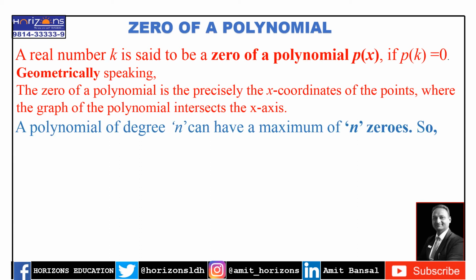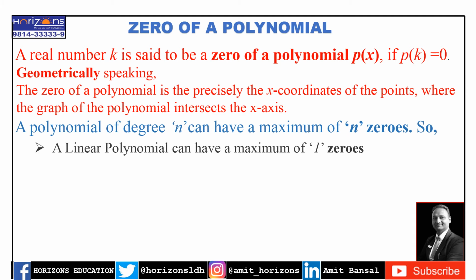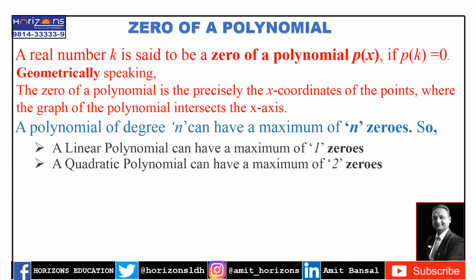Now we need to understand and remember that a polynomial of degree n can have a maximum of n zeros. So a linear polynomial has a degree of 1 as we just learned. So it can have a maximum of 1 0. A quadratic polynomial has a degree of 2. So it can have a maximum of 2 zeros.